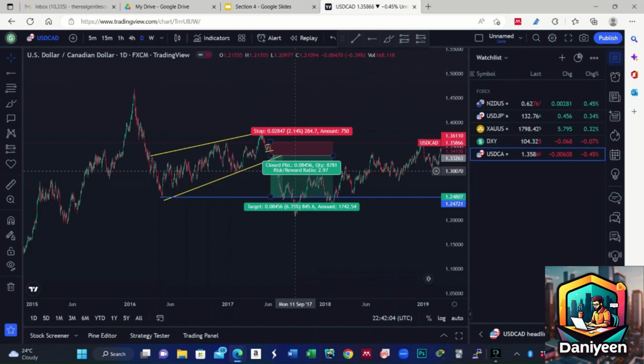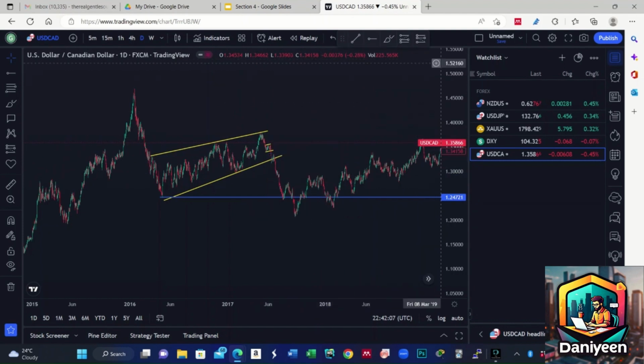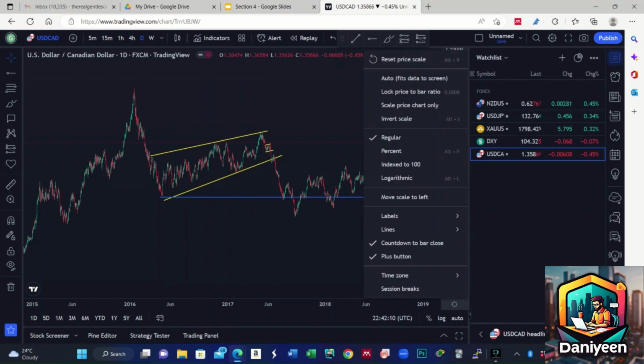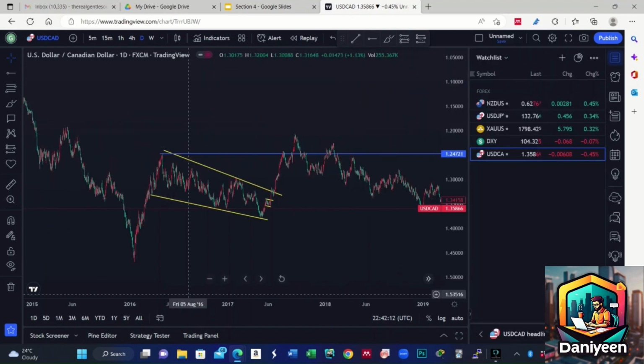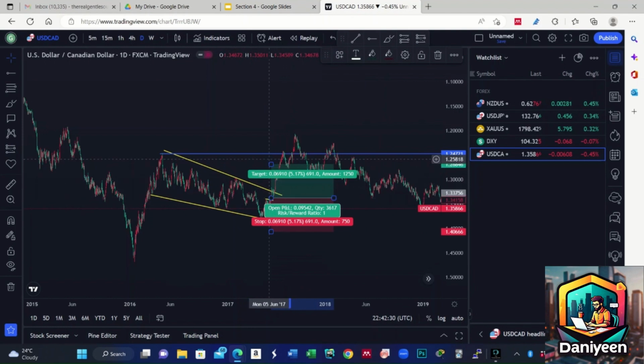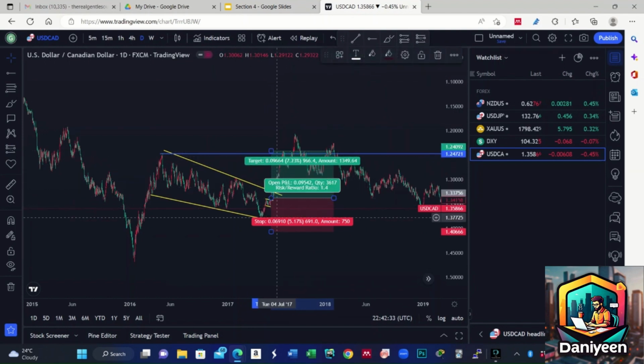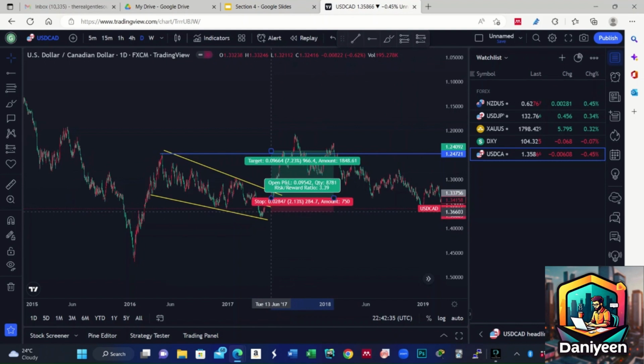If you also want to long, let me show you how to place it in the reverse. Let me flip the chart. Let's say you are trying to long this pair. This is impulse upward, then correction, then impulse. So you can see the red area is the stop loss area.